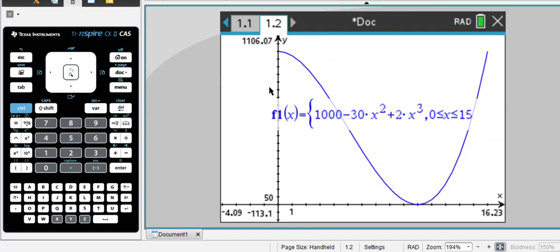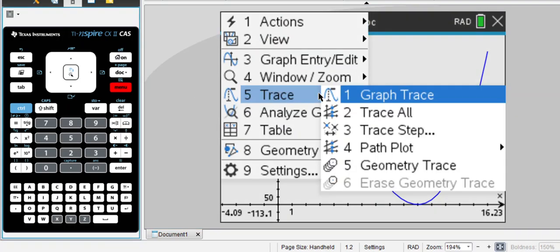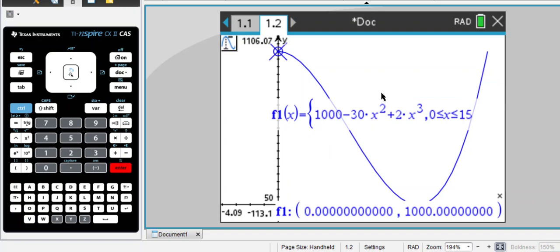So let's substitute 0 into the function. So menu, trace, graph trace, we put 0. The calculator tells us it's at 1000. So the rate of flow is 1000 up here at the maximum value, but you should also check endpoints as well because the function is valid to 15. Now, when t equals 15, if the y value is higher than 1000, then that's where the maximum rate of flow would be.